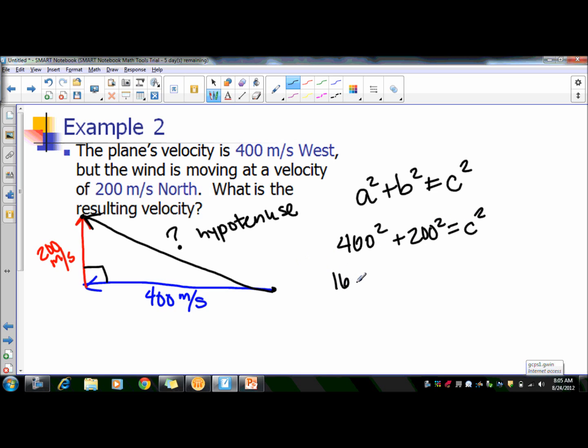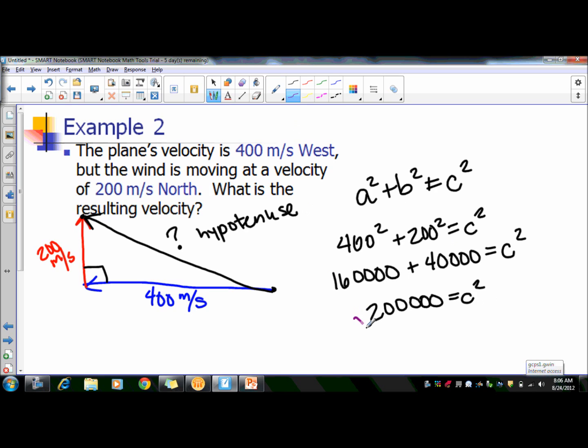400 squared is 160,000. So you literally just do 400 squared. And then 200 squared is 40,000. That equals c squared. And this gives us 200,000 equals c squared. So now how do we get c by itself?